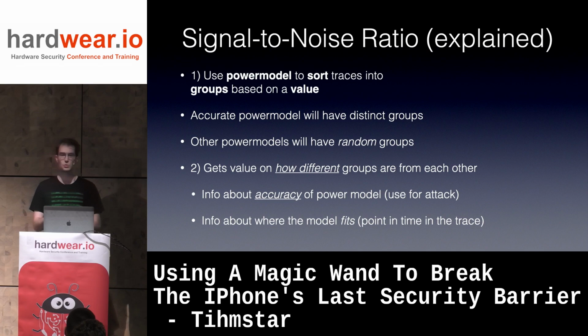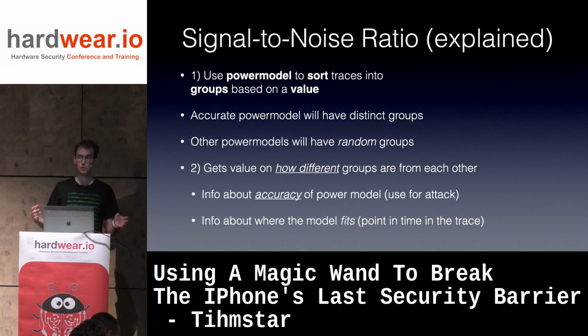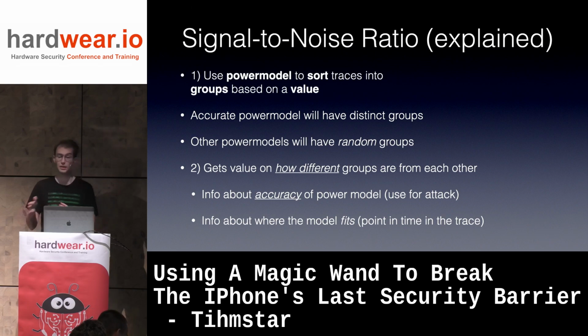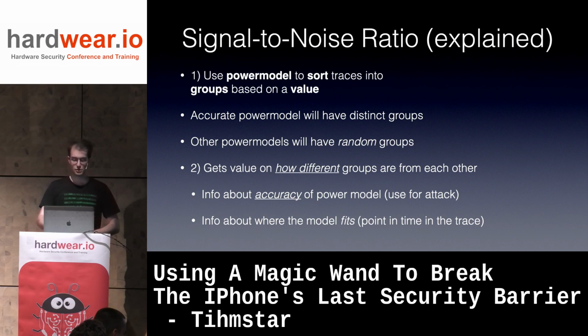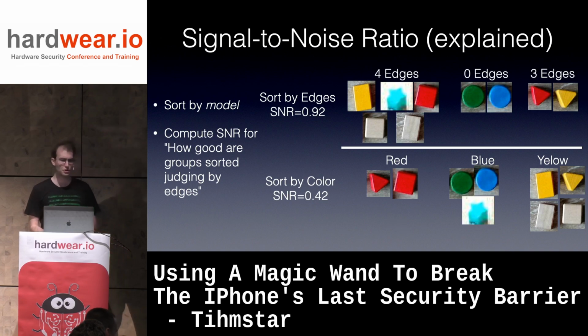So the other thing is, since we're not doing this at one point in time, but on many points in time, we also get the info on when in time the model fits very well. So we also get like timing information. So explaining the signal-to-noise ratio, basically here as an example, you sort these shapes, I call them, by model, and then compute SNR, how good the groups are sorted, judging by edges.